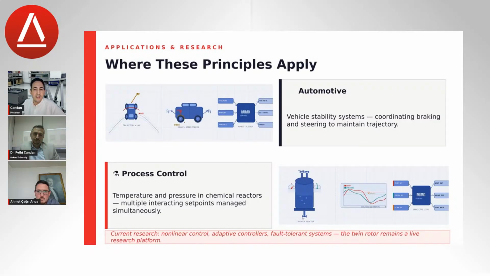So again, MIMO control, sometimes LQR or sometimes model predictive, different MIMO controller setups or strategies are utilized in the chemical industry or any process control that has such a relationship.